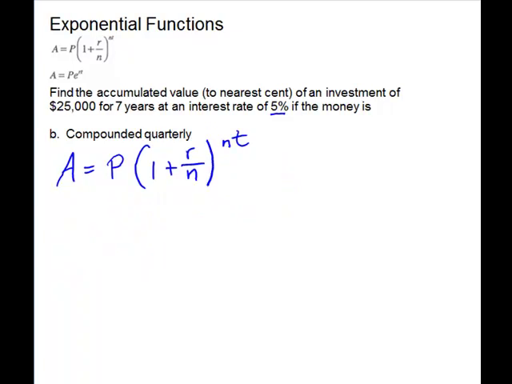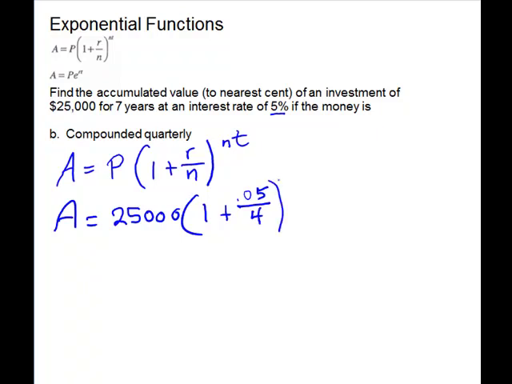Next, we're going to compound quarterly. So the same amount. So we want to know the accumulated amount. We're putting in 25,000. Keep your 1 plus your rate is 0.05. Right? We're compounding quarterly. That is 4 times a year. So our n is 4.